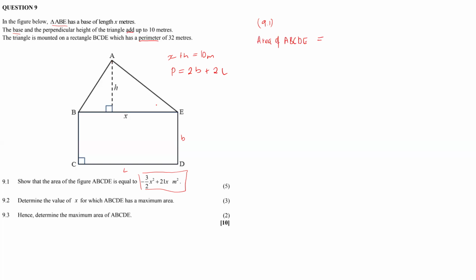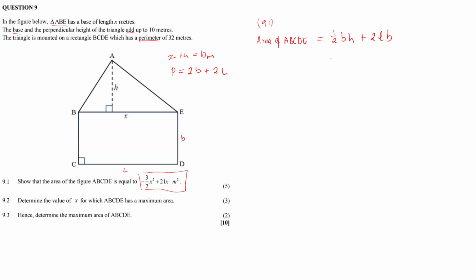The first shape is triangle ABE. So what is the area of a triangle? We know that it's going to be half base multiplied by height. This is the area of the first shape. And then the area of the second shape, the rectangle, we know that it is given by 2 length multiplied by breadth, LB, right? So that will be the area of this shape that we see over here. The combination of these two areas is the area of the whole figure.